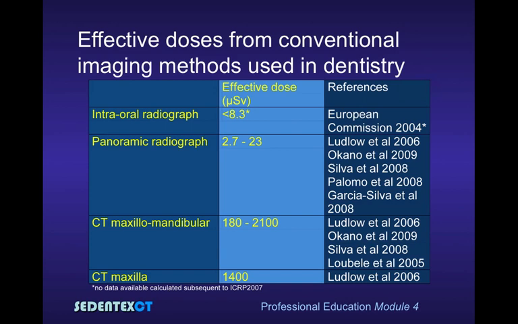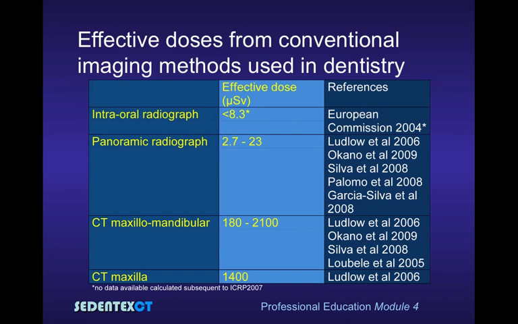That's important to understand that we're dealing here with millionths of sieverts, a fact that represents how big a unit the sievert is. What you'll see is that for intraoral radiography, the dose is less than 8 microsieverts. It's probably much lower than that for modern equipment and materials.